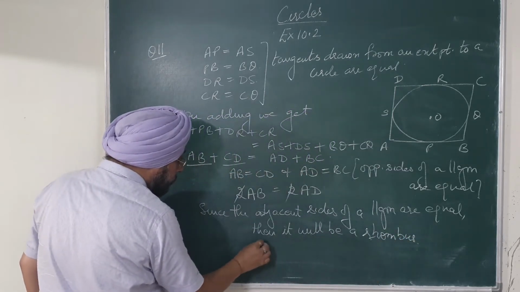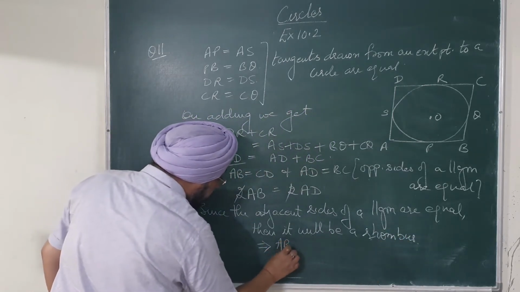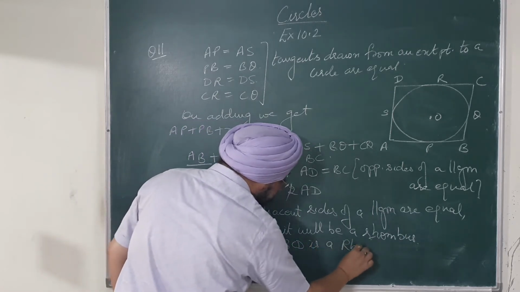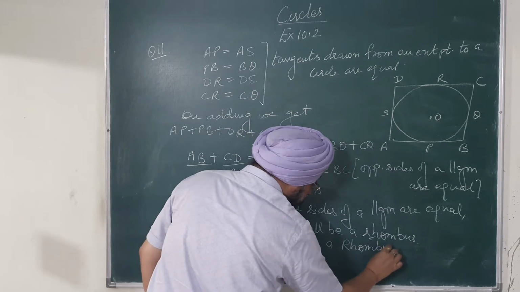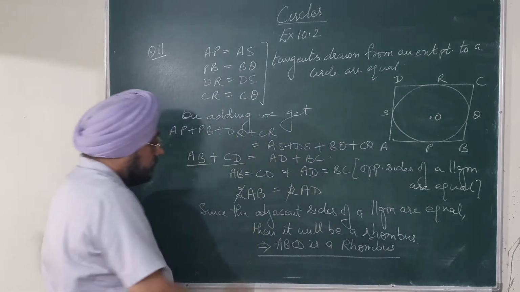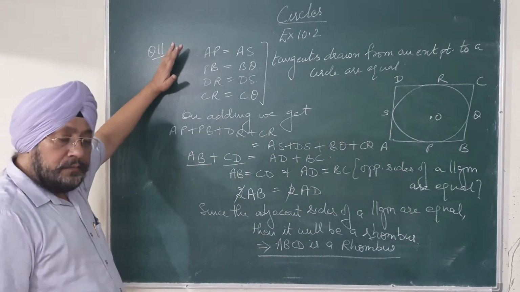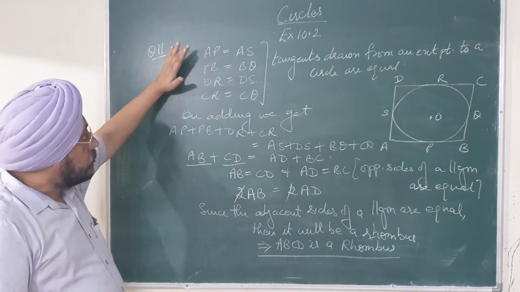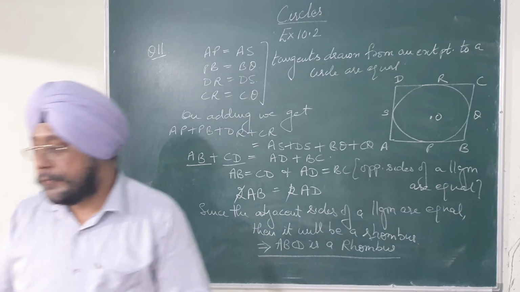So this implies ABCD is a rhombus. So this is what question number 11 is. Is it okay, students? So let's come to question number 12.